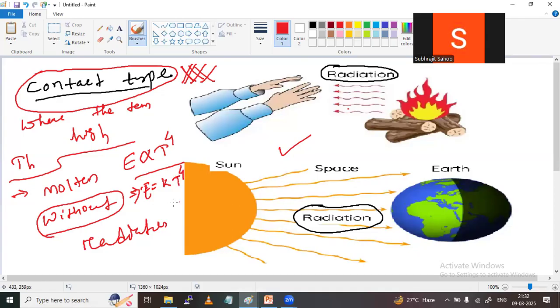The K value is 4.876 kilocalorie per hour meter square Kelvin to the power 4, or 4.876 into 10 to the power minus 8.